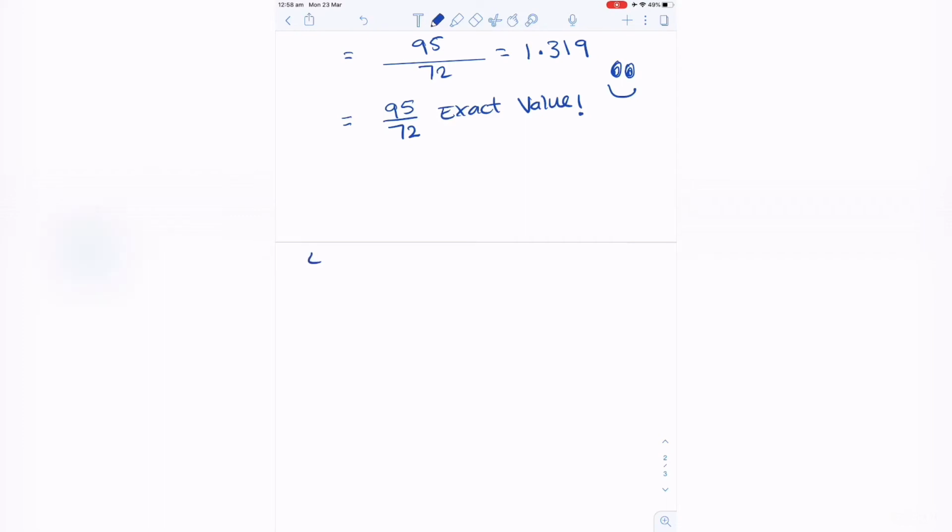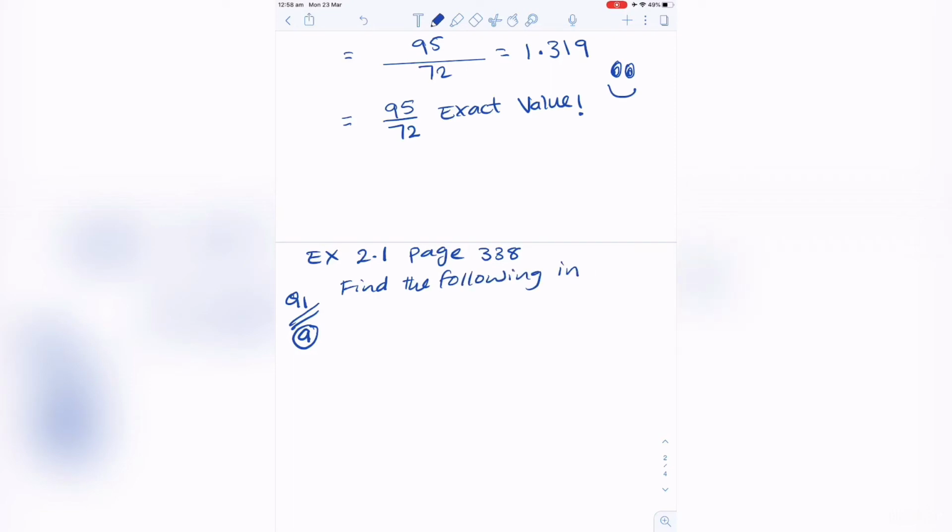So exercise 2.1, page 338, question 1 and A. Okay, right, so for this question it's find the following indefinite integrals.